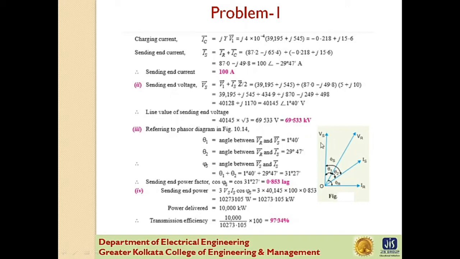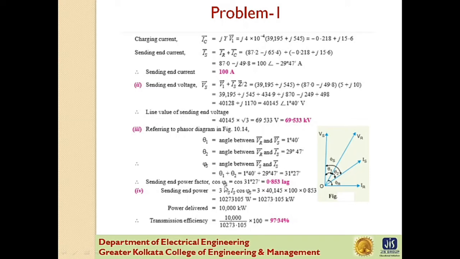Now study this phasor diagram. Here theta 1 is the angle between VR and Vs, and theta 2 is the angle between VR and Is. By adding theta 1 and theta 2, we get theta S. So theta 1 is the angle between VR and Vs, which is equal to 1 degree 40 minute, and theta 2 is the angle between VR and Is, and this is equal to 29 degree 47 minute.